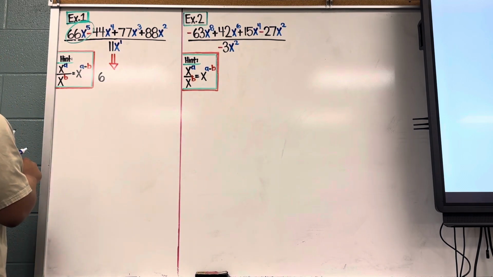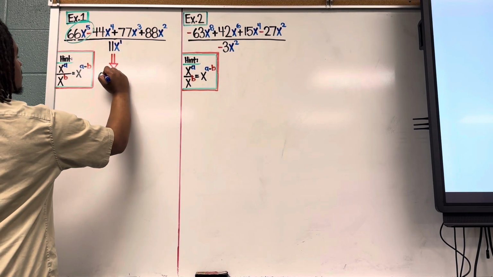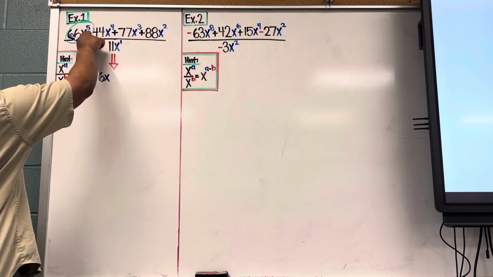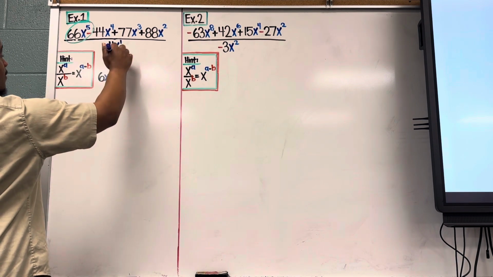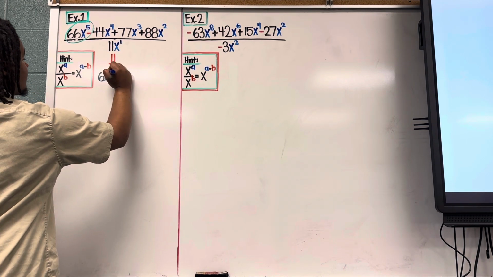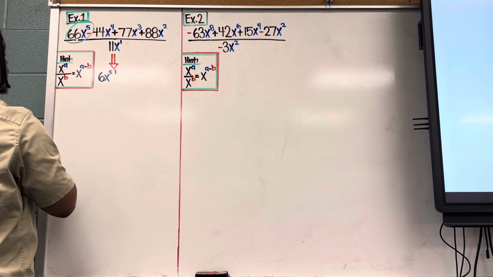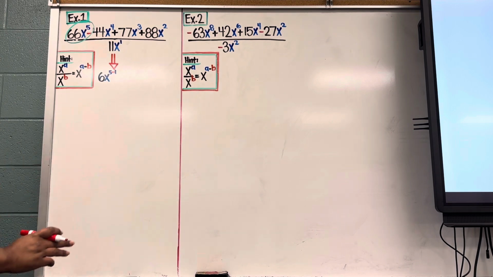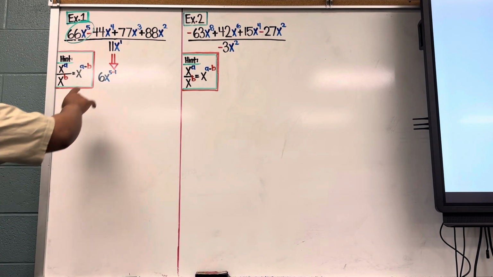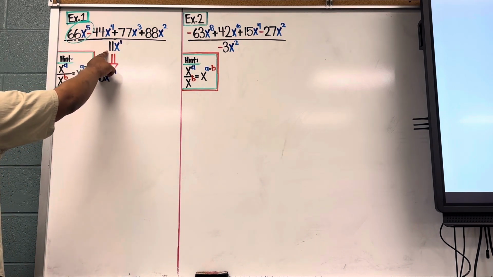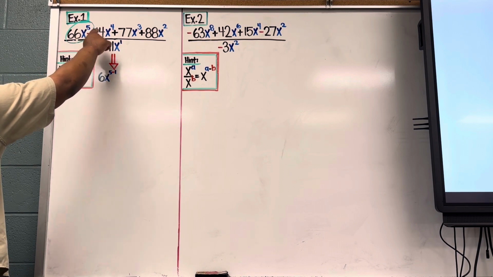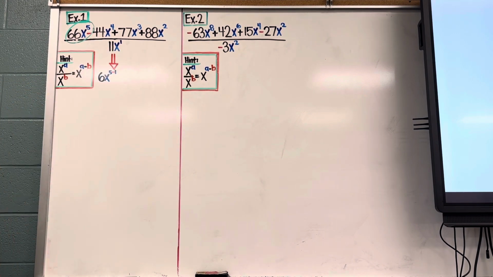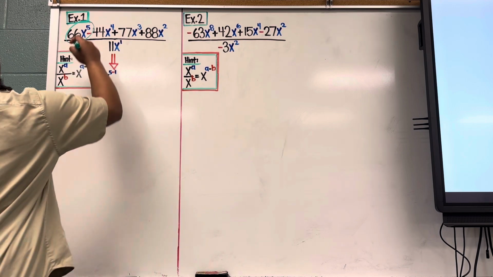So we have 6x, and then up here it was to the fifth power, and here it's to the first power. So it's gonna be 5 minus 1, okay, which is to the fourth power, which I'm just going to write like this so you can see. So yes, as I divided 66 by 11, I have to subtract the first power from the fifth power, okay? All right, so I'm done with that one.